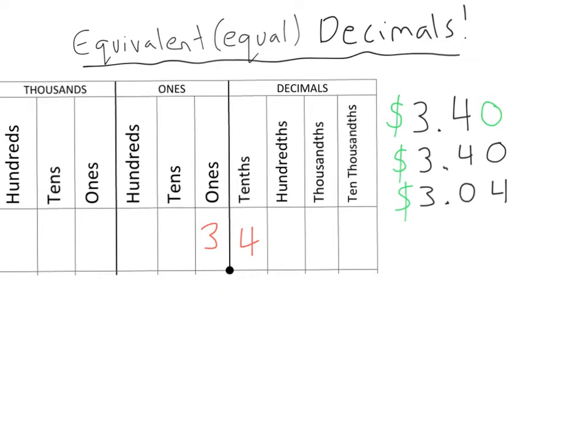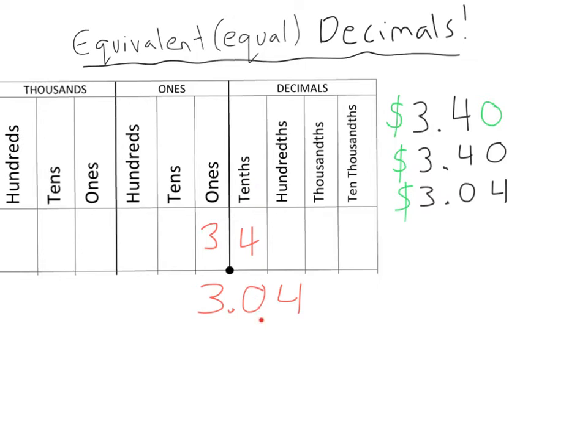Now I'm going to write that third number on here, the one that we said was $3.04. We've already established that it's different, but let's look at it in our place value chart as well. This is the point I want to drive home. In the ones, they both have a value of 3, that's equal. But in the tenths, this one has a value of 4 and there's 0 here.